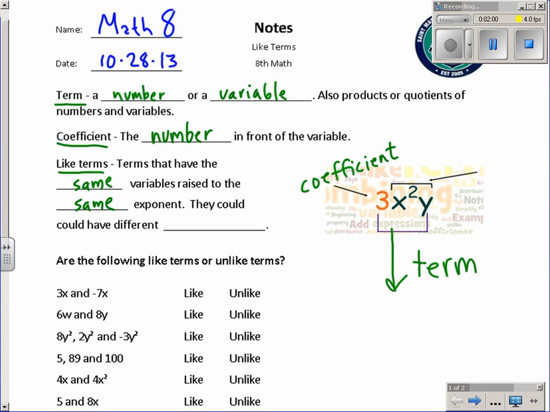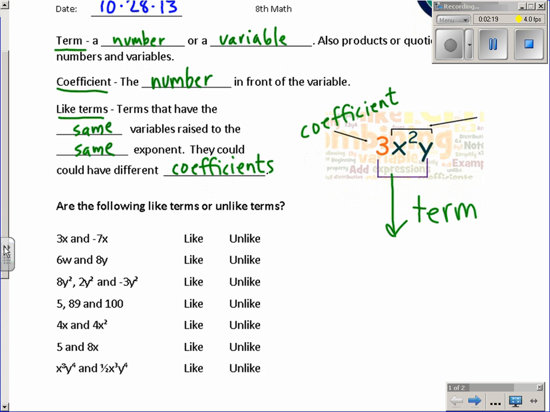They could, however, have different coefficients. So when we look to see if terms are like, that's saying do they have the same variable? And that variable, does it have the same exponent? All right. And then actually we need to fill this in. So this little line here, the x squared and the y, those are our variables.